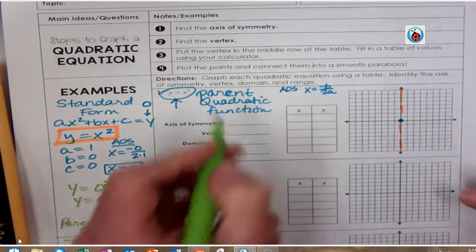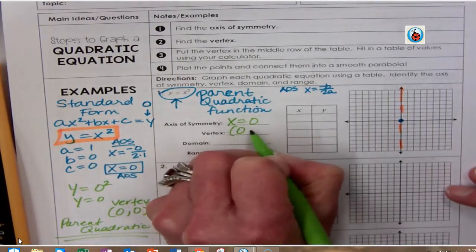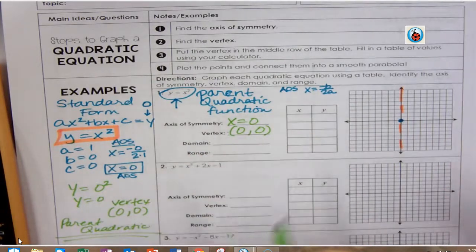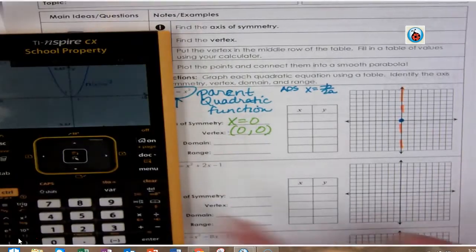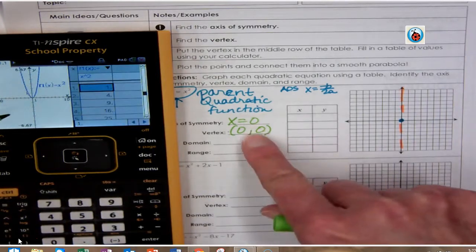All right, so I can put here x equals 0. My vertex is 0, 0. I have both of those graphed. Then I can go to my table. I know where to begin to look at my table because I already know what my vertex is.